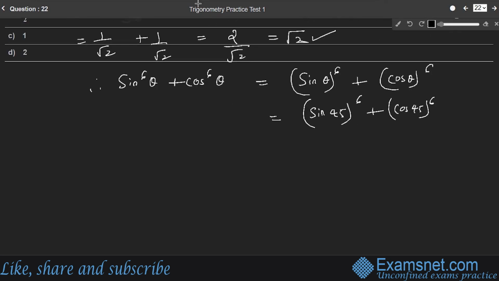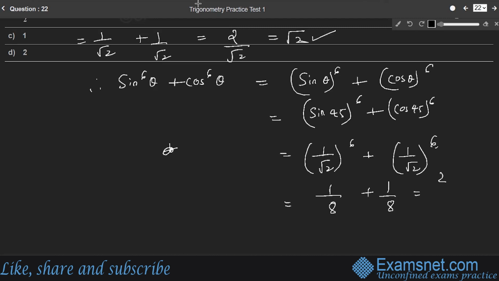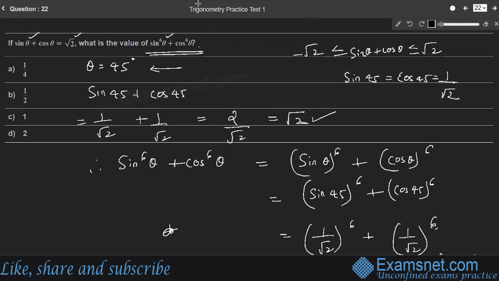Just substituting the values, sin 45 is 1 by root 2 raised to 6 plus cos 45 is 1 by root 2 raised to the power of 6. So 1 by root 2 to the power of 6 is 1 by 8, because 1 by root 2 square is 1 by 2, so into 1 by 2 into 1 by 2, right? So 1 by 8 plus 1 by 8 is equal to 2 by 8, which is nothing but 1 by 4, right? So 1 by 4 is the answer. Option A is the right answer, right?